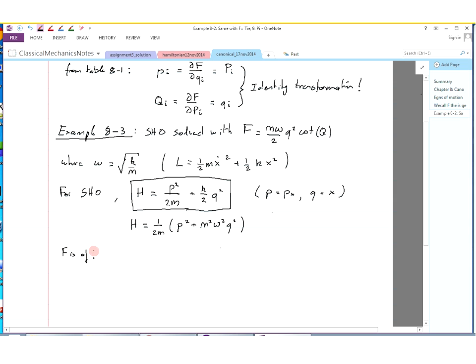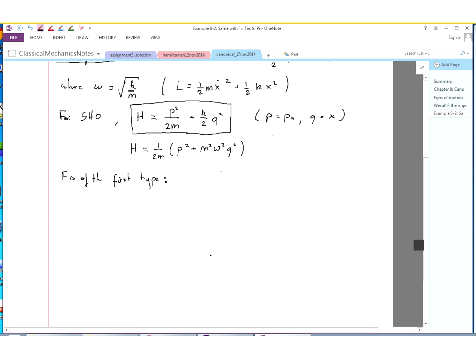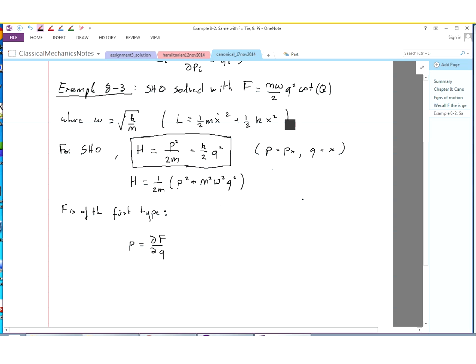Okay. So F is of the first type. All right, it depends on little q and big Q. So if F is the first type, then the transformation equations are that little p is given by the partial of F with respect to little q. So in the partial of F with respect to little q, q is just a q squared in there, right?